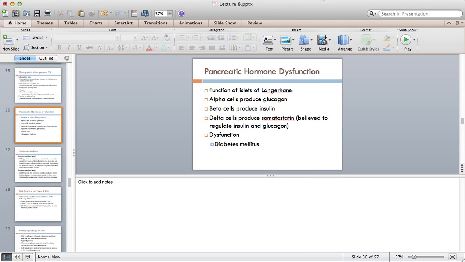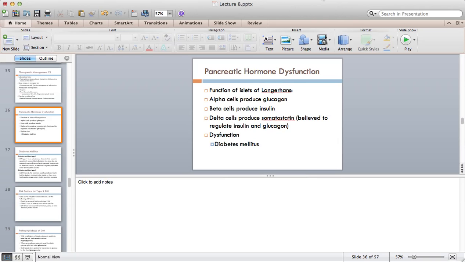Again, diabetes is a disease of the pancreas. The islets of Langerhans in the pancreas secrete insulin. The alpha cells produce the glucagon, and the beta cells produce insulin. Okay, and then we also have the delta cells that produce the somatostatin, which is believed to regulate insulin and glucagon.